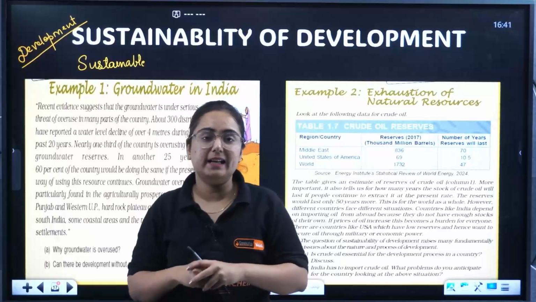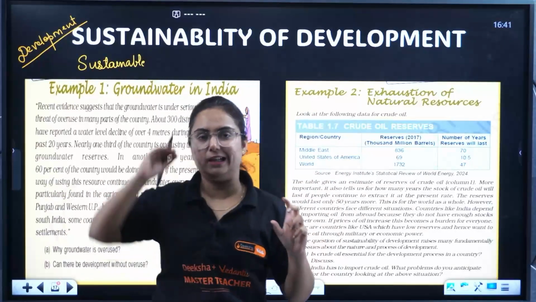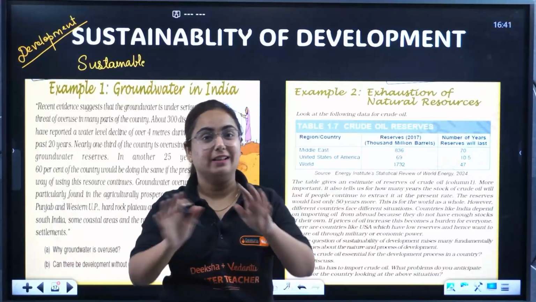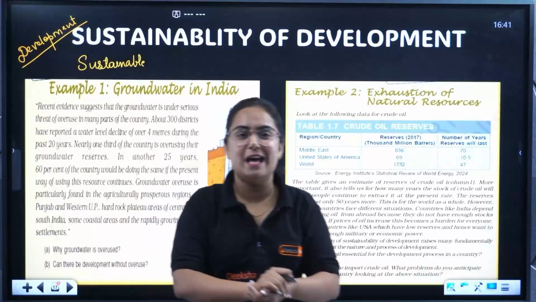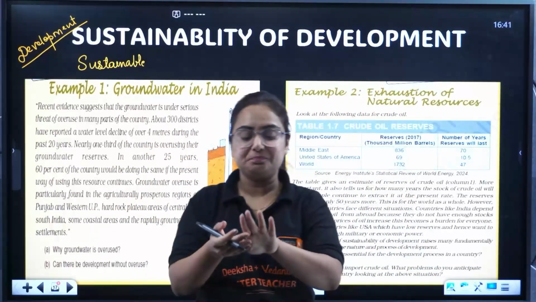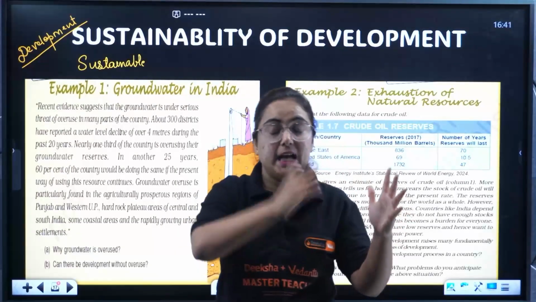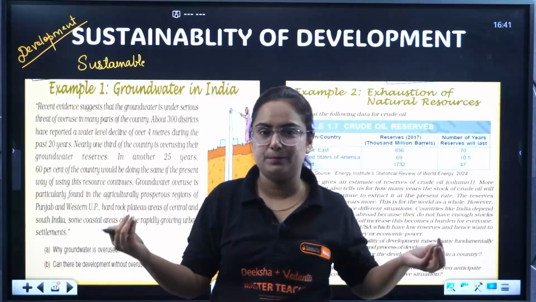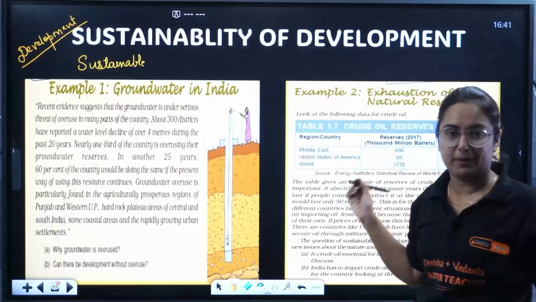One day they decided to hold an Earth Summit, in 1992 in Rio de Janeiro, Brazil, and they decided that sustainable development should be done. Development in a manner keeping in mind the needs of future generations. That is known as sustainability of development.